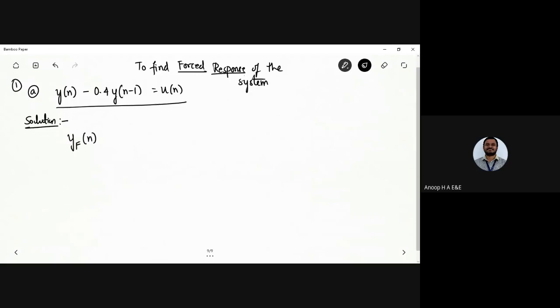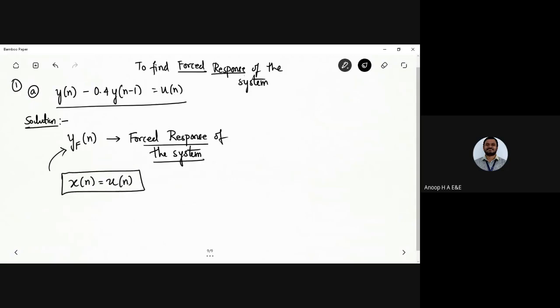So what do I do here? That is yf of n, the forced response of the system. Now what I can write here is the structure of the forced response. The structure of the forced response is dependent on the input, that is u of n.